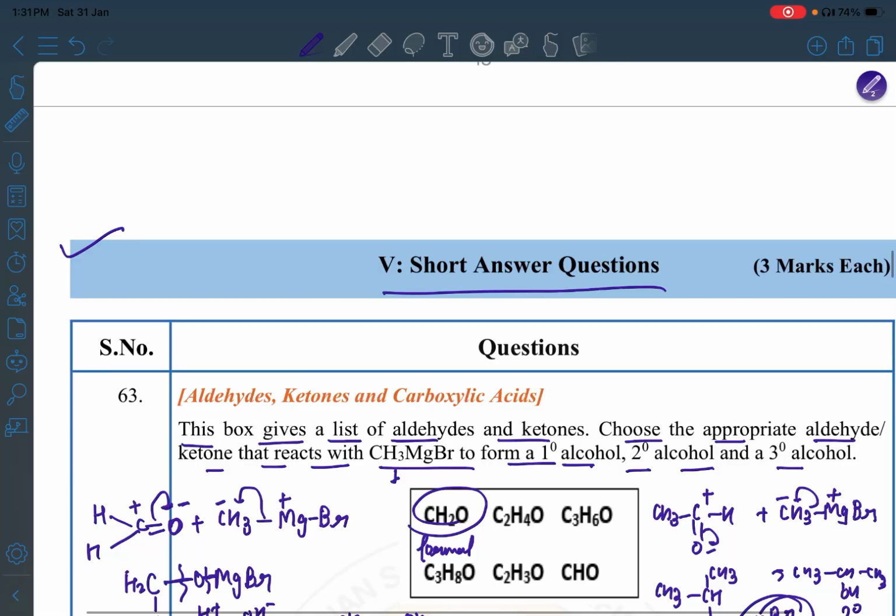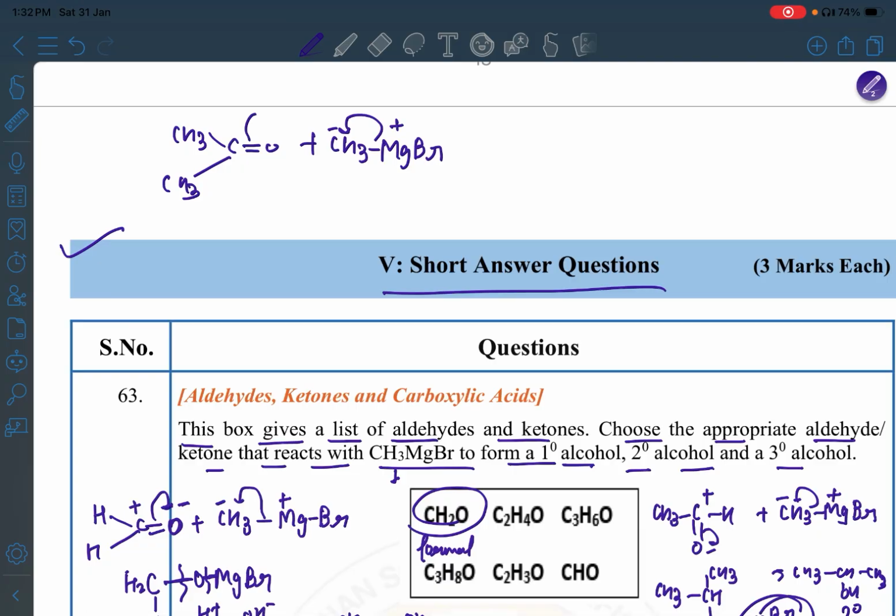For a 3 degree alcohol, we have to take acetone, CH3COCH3, and then it reacts with CH3MgBr. This bond breaks in such a manner that carbon gets negative, magnesium gets positive, and in this bond, oxygen gets negative, carbon gets positive. It will be CH3, C, CH3, and CH3, and this OMgBr.